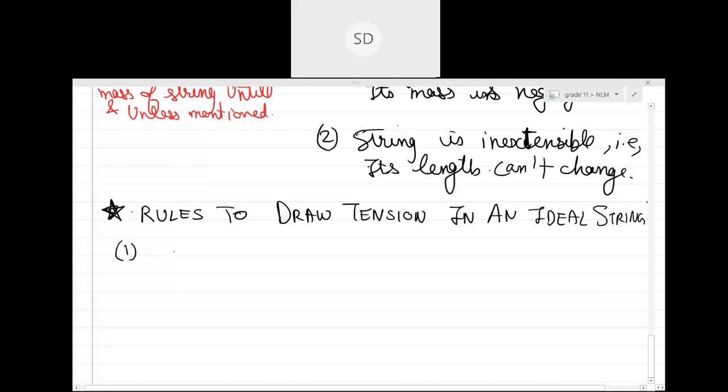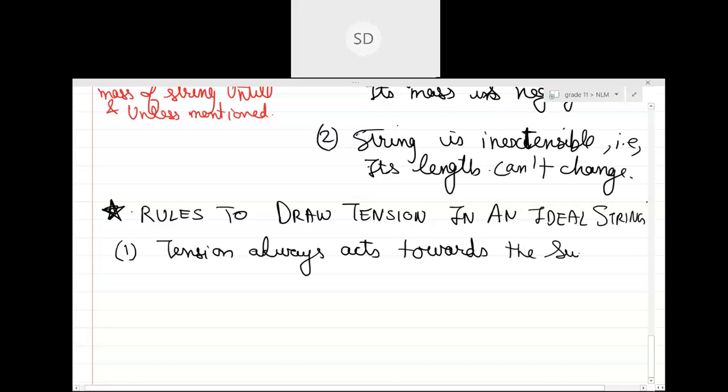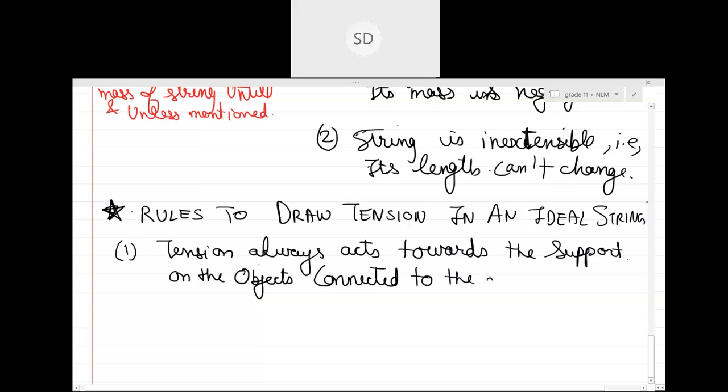The first rule is that tension always acts towards the support, on the object connected to the end of the string.